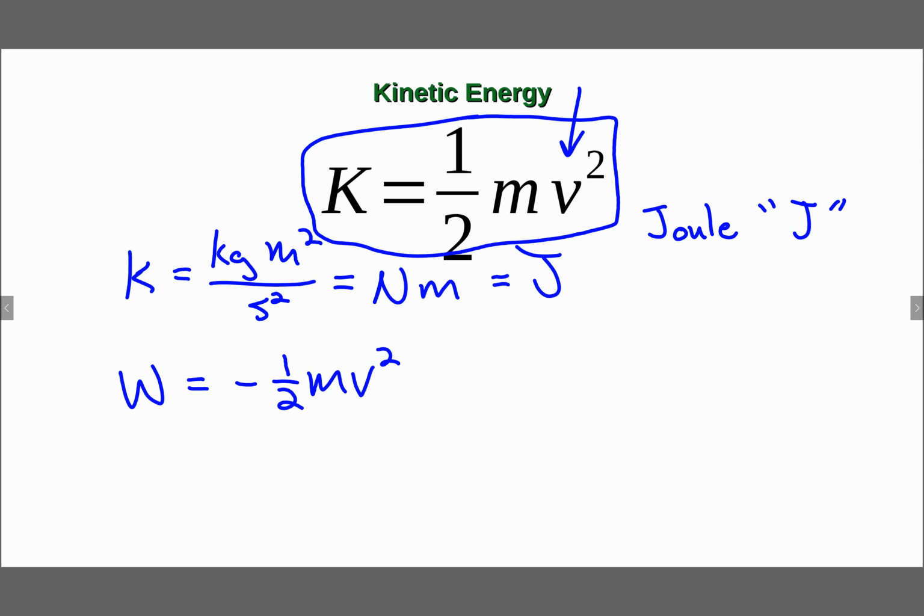This kinetic energy that I have, okay? So the magnitude of the kinetic energy I have is the same magnitude of the work that it would take to bring me to rest. I have the opposite sign here because work to reduce kinetic energy is always going to be negative work.